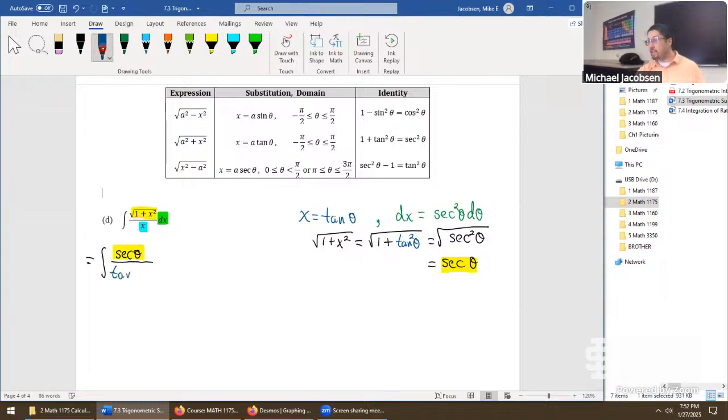X goes to tangent theta. Using the differential, that bullet is just my personal way of organizing. The differential's coming in. We drop in secant squared theta d theta, which means what we're integrating is secant cubed theta divided by tangent theta d theta.